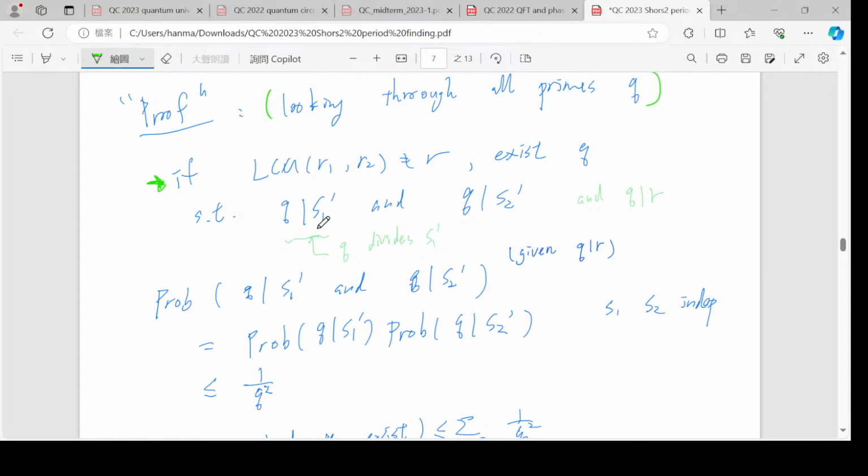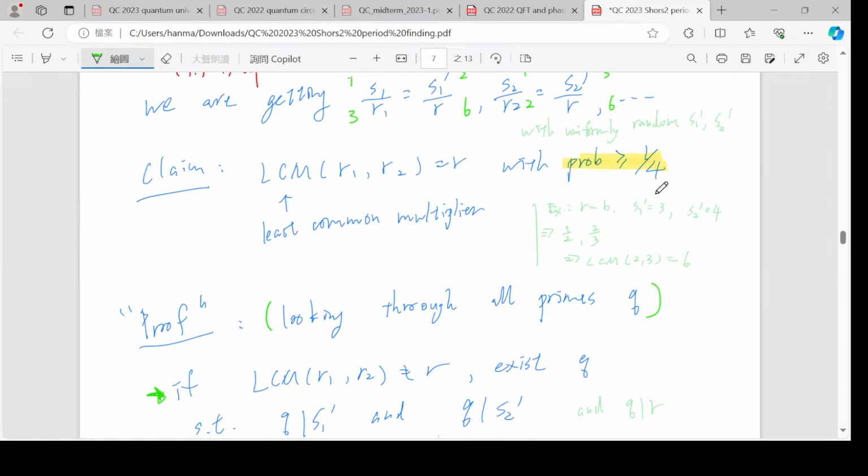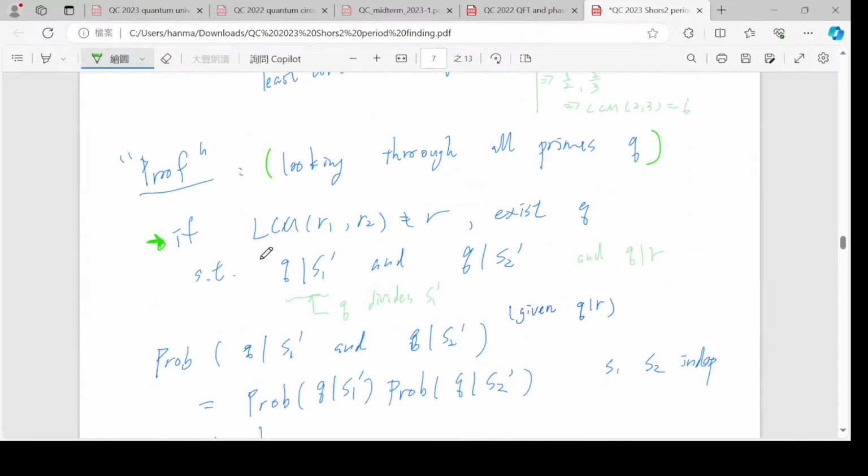So there exists some prime that divides S1 prime and also divides S2 prime. We denote the factor as Q. So Q divides S1 prime, Q divides S2 prime, and Q divides R. And we actually don't need to use this Q divides R condition here. We only need to use these two things.